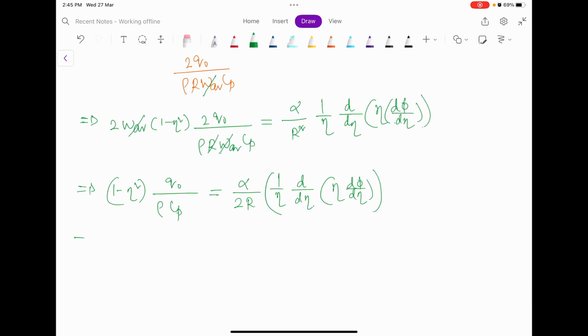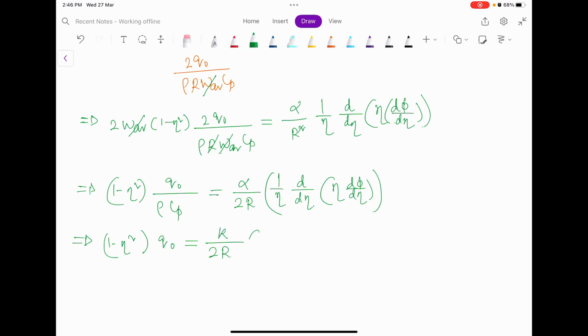Now my alpha is k by rho Cp. So this becomes this into q naught equal to alpha by 2r into rho Cp, and alpha is k by rho Cp. So alpha into rho Cp is k, right?